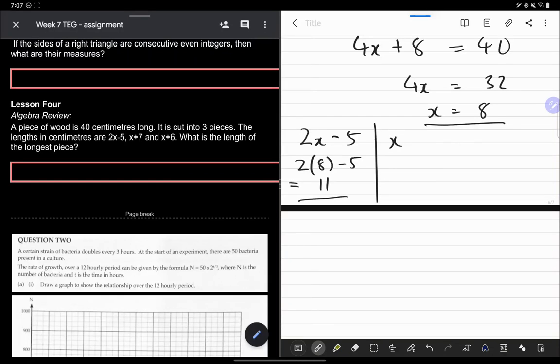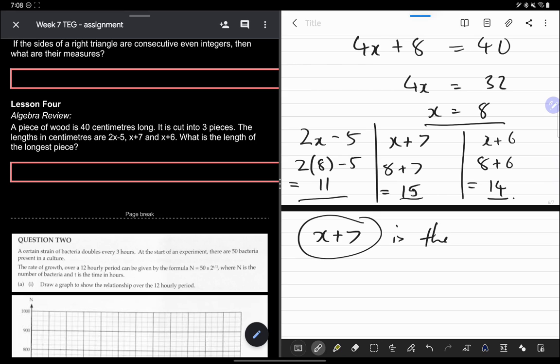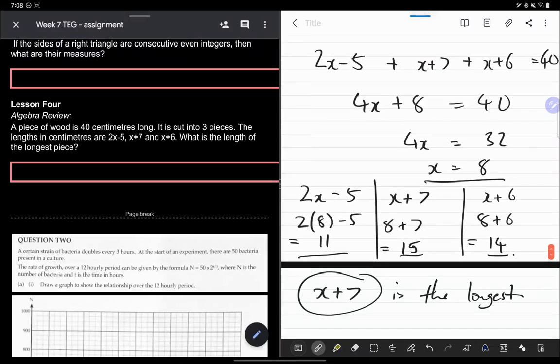The other piece is x plus 7, which is 8 plus 7, being 15. And x plus 6 would be 8 plus 6, which gives you 14. So the longest piece is this one, the 15. Sorry for that mistake there, but I made it.